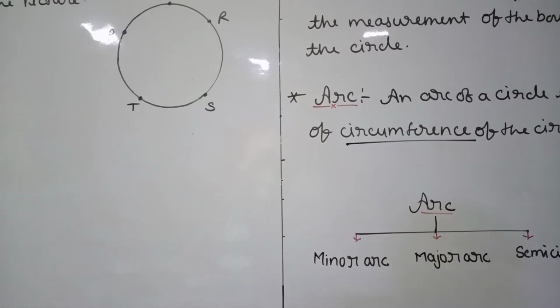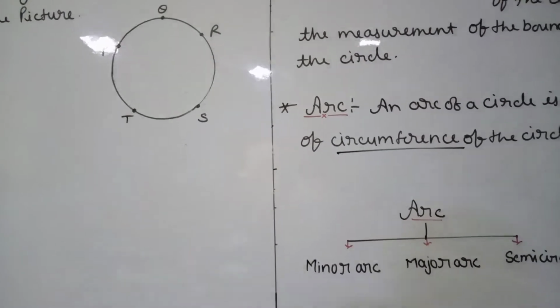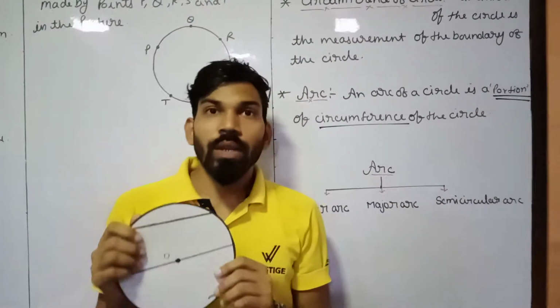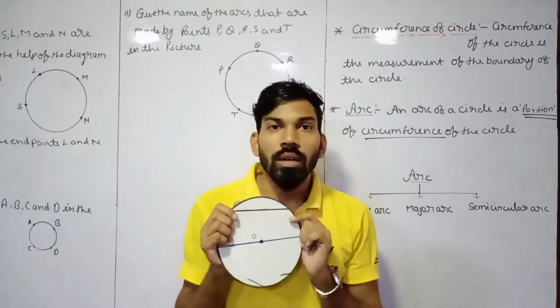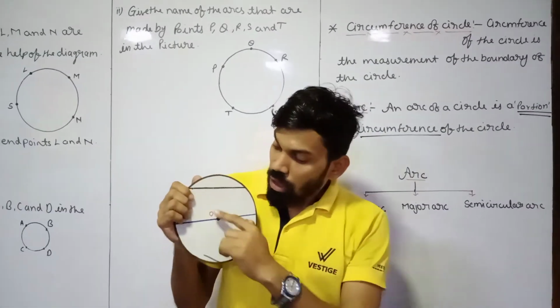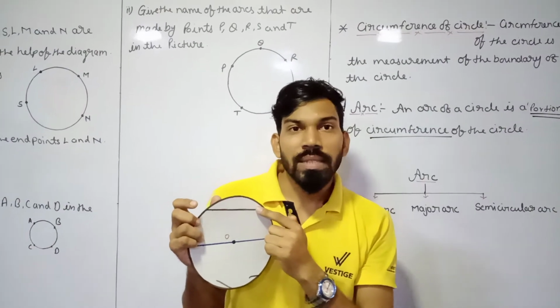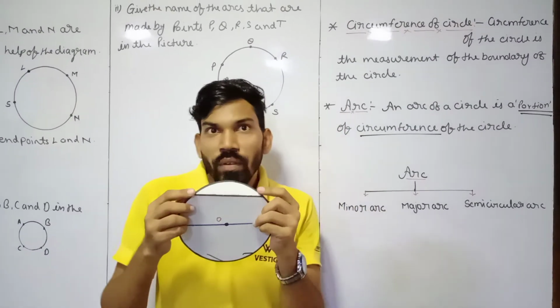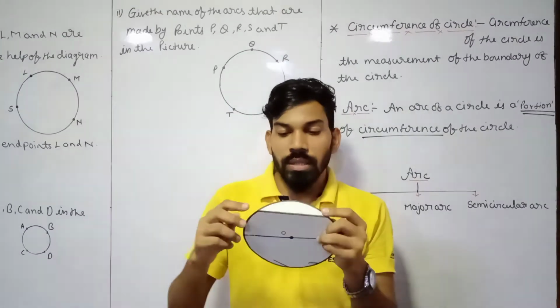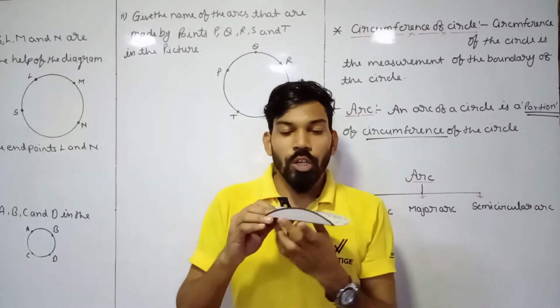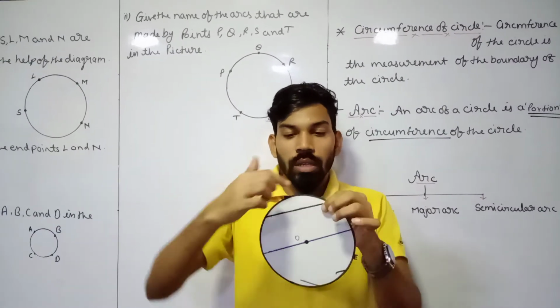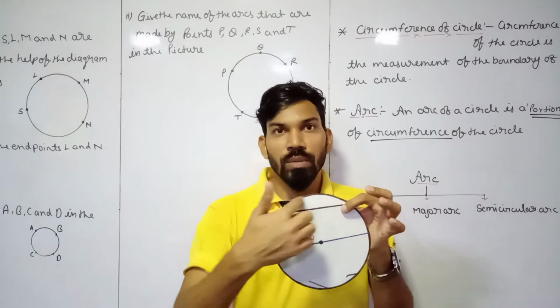Now, for better understanding, we have one more object. You can see this circular cardboard. I drew a chord over here. This chord divides the circle into two parts. The whole black line is the circumference of the circle.